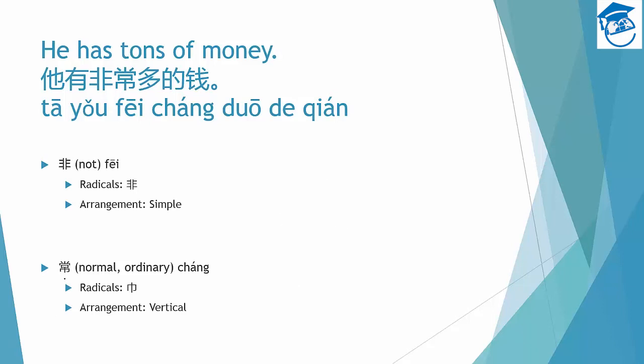常 here means normal or ordinary. So to say 非常 is like out of the ordinary or extraordinary. That's why 非常 means extraordinary here. Okay, so in the original sentence, 非常多 is like extraordinarily many, so it's like more than a lot, very much.